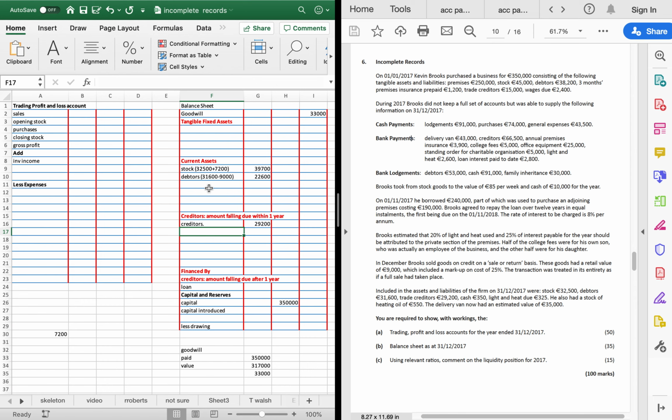Cash 350 I'll put in my assets. Sorry, where did I get that from? Apologies, I'm the cash. I've taken the wrong one. I am right, sorry. Light and heat due is 325, a liability. I also had a stock of heating oil 550.